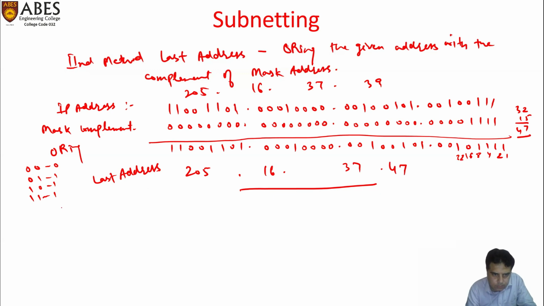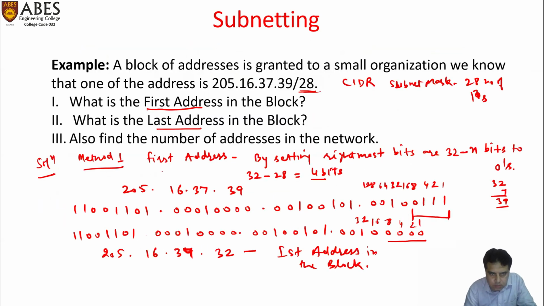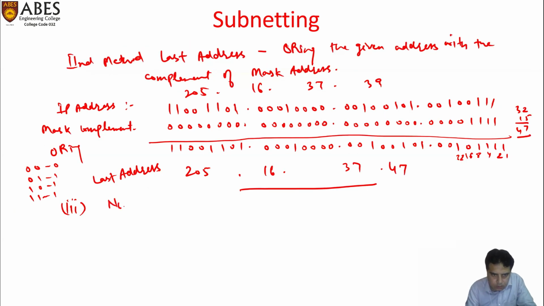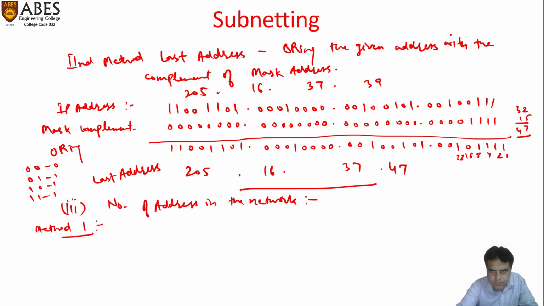Now the third question is to find the number of addresses in the network. The total number of addresses is the mask complement plus 1.